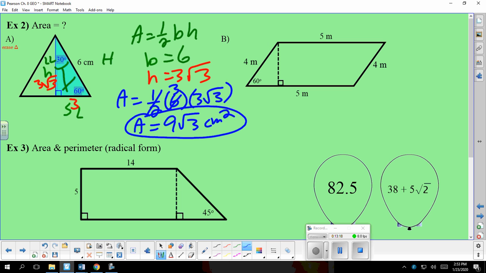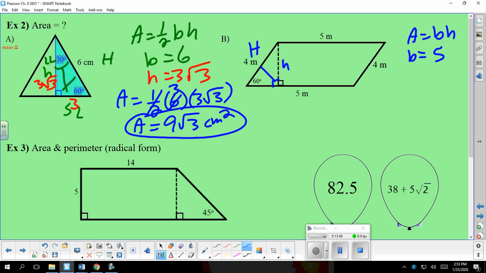The next one, I want to figure out the area of this parallelogram. Area is base times height. Hooray, I'm given the base, which is 5. Now I want to figure out this height. So if that's 4, there's a right angle right there. That's my hypotenuse.